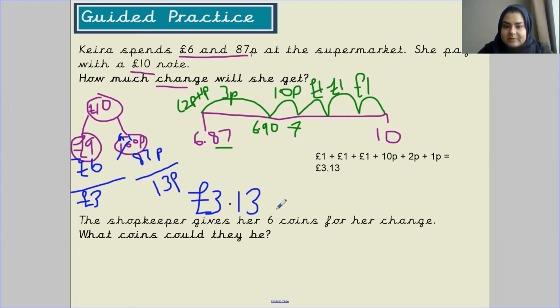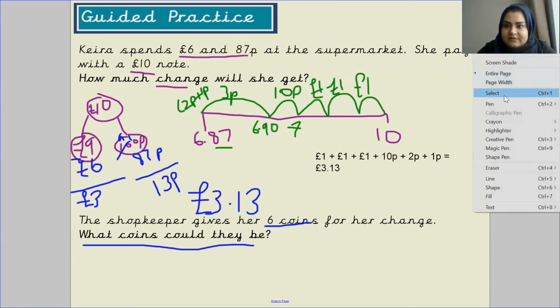It says the shopkeeper gives her 6 coins for her change. What coins could they be? So think about all the possibilities of coins that you can have to make £3 13p, and she uses 6 coins. Okay, so fantastic.